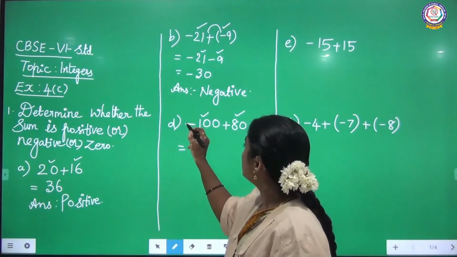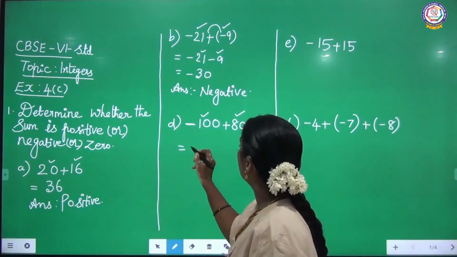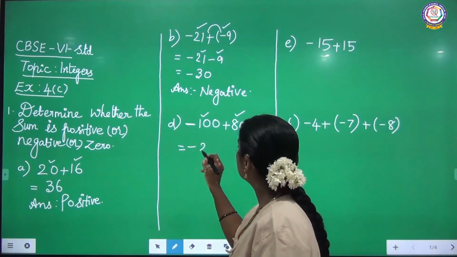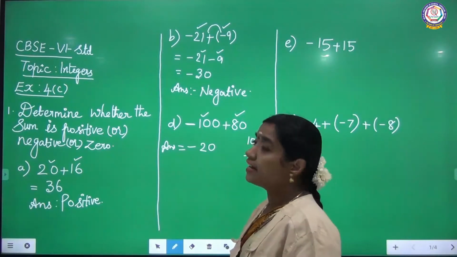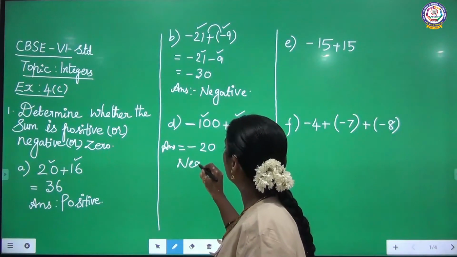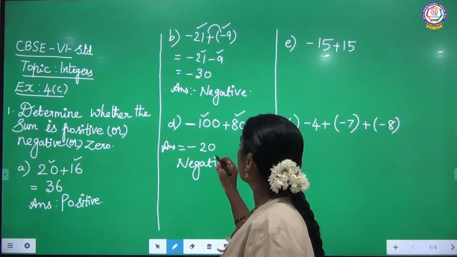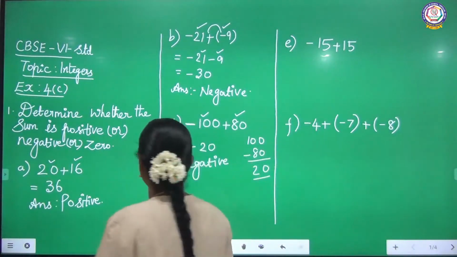The negative integer is what? Minus 100. So after subtracting, I have to put that symbol and then write the answer. Can you clear this? Now what answer can I get here? Negative. Negative is my answer.